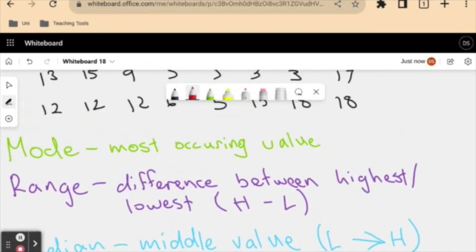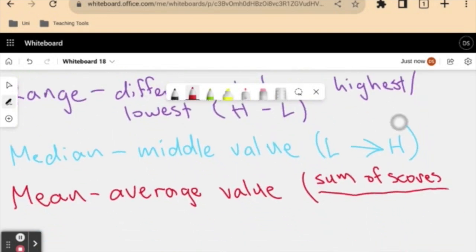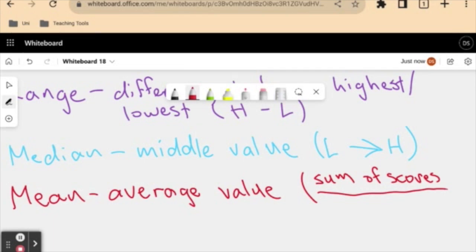So in this case, we have 2, 4, 6, 8, 10, 12, 14, 16 data points. So that's what we're going to be dividing by. So we have the sum of all the scores divided by the number of scores.